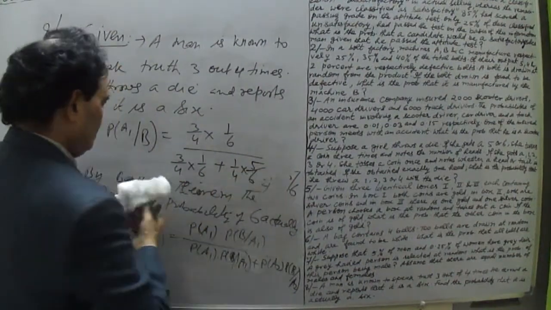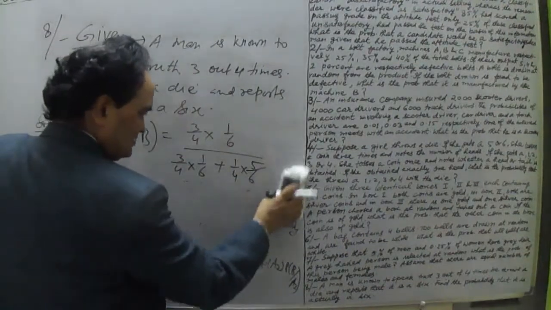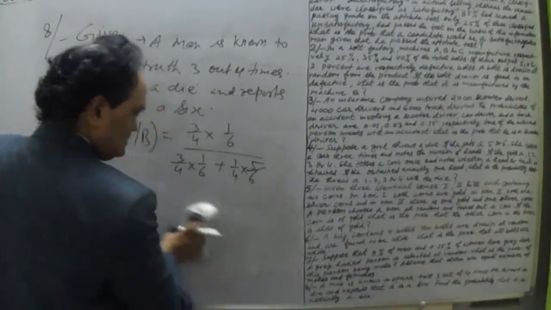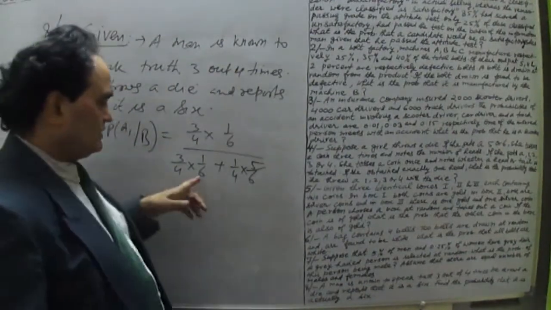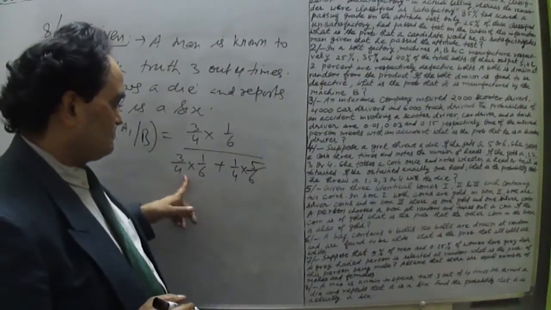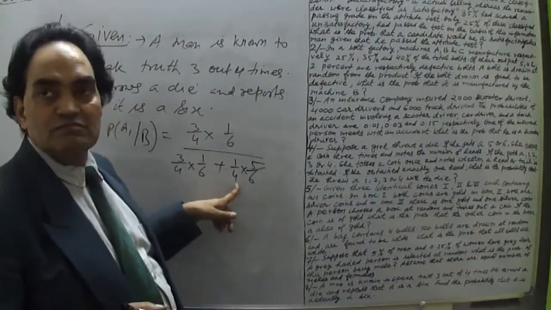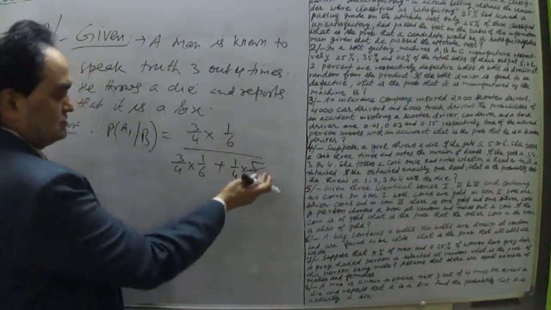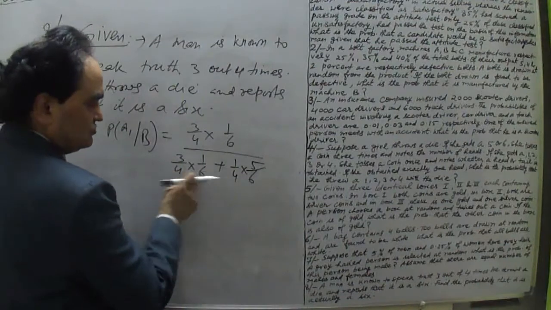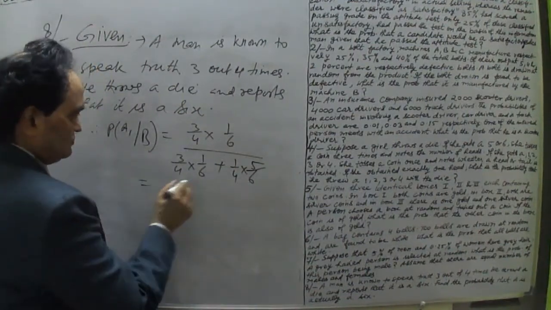It may be both ways that he is telling the truth. 1/6 is 6 appearing and telling the truth, 5/6 is 6 not appearing, telling the truth, not telling the truth. Okay, so how much is this?